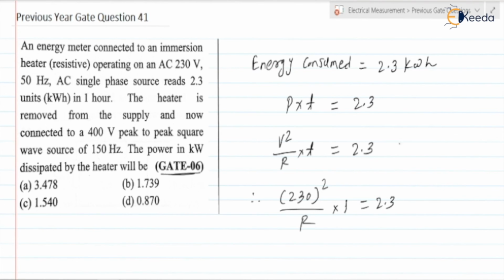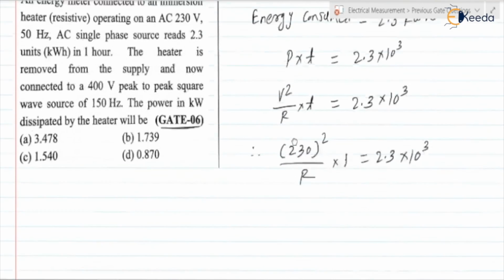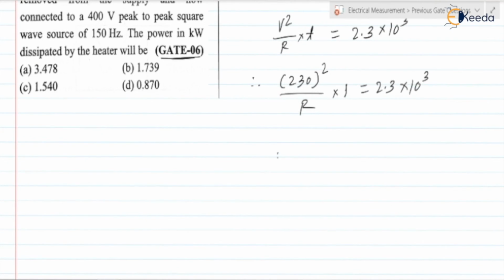This 2.3 is in kilowatt hour, so we can write it as into 10 to the power 3, and here also into 10 to the power 3. So from this we can find the value of R. After simplifying it, we can write R is equal to 23 ohm. This is the resistance of the heater.